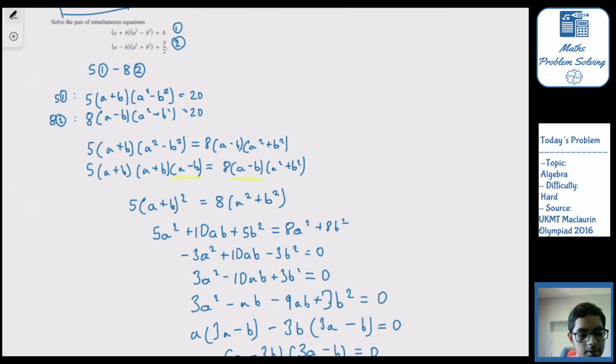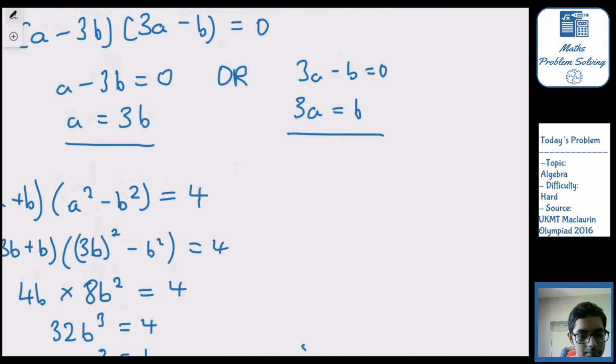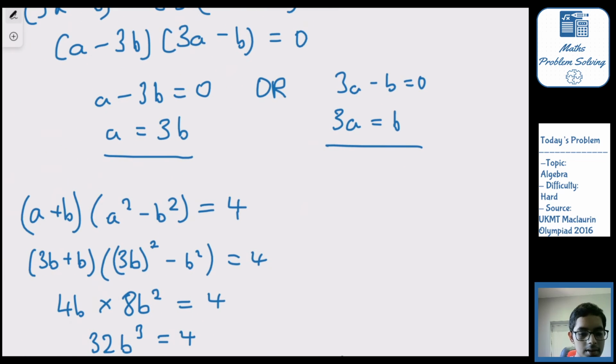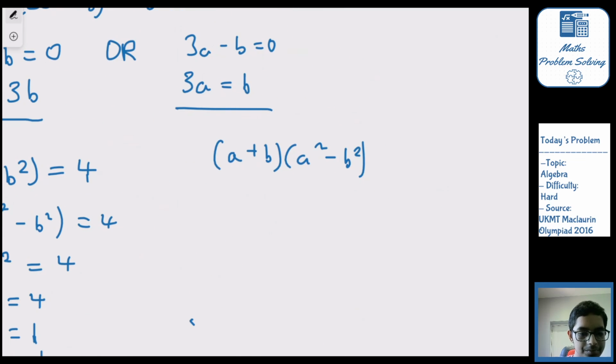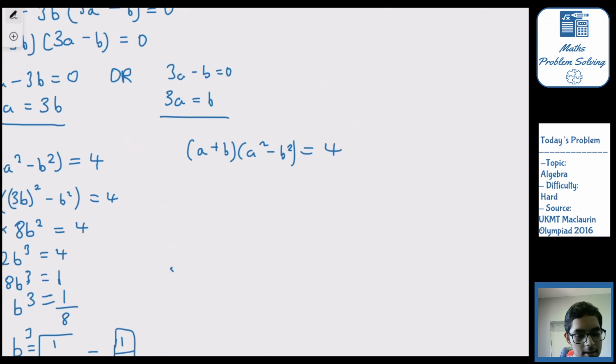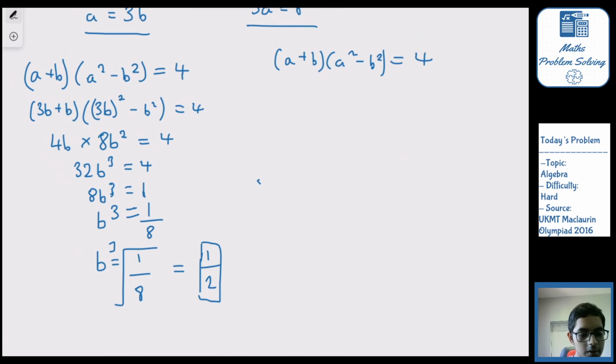So now let's work through the second solution set. So in the second solution set, we have 3a equals b. So now the same equation, a plus b times a squared minus b squared equals 4. And we have that 3a equals b. So now we can replace all the b terms by 3a, and we get the exact same as what we would get over here.